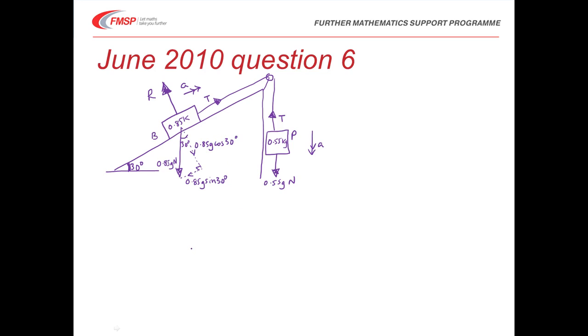And now we're ready to start considering the components. First of all, let's look at B. So for mass B, let's consider what's happening parallel to the plane.